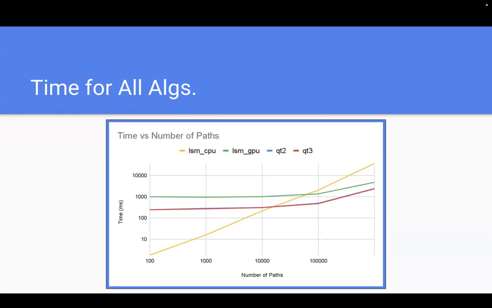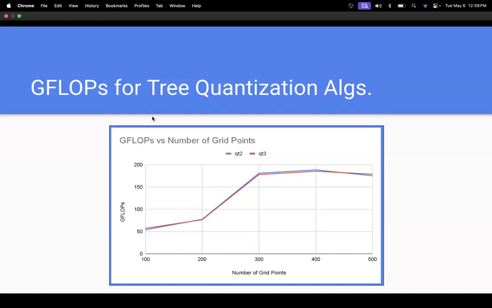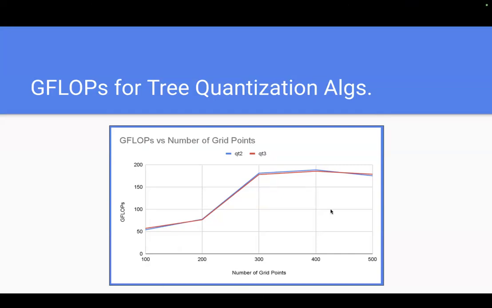But as you can see, our GPU accelerated ones perform worse on small inputs and better on large inputs, which is good to see. It's reassuring, because ultimately that's what we expect, right? The CPU kills it on really small things, and then the GPU steps in and is able to overcome the CPU with its massive throughput on these larger operations. And then here you can see what I was talking about before, how they're really neck and neck.